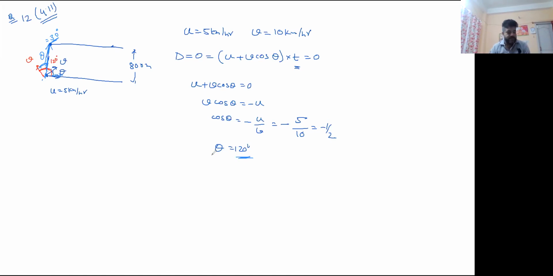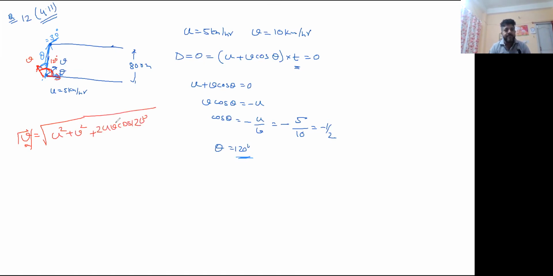Now the second part of the question is what should be his resultant velocity. So see, I know u is my one vector, and v is my another vector, and I know the angle between them. So I can write the resultant vector magnitude as root of u square plus v square plus 2uv cos 120 degree.